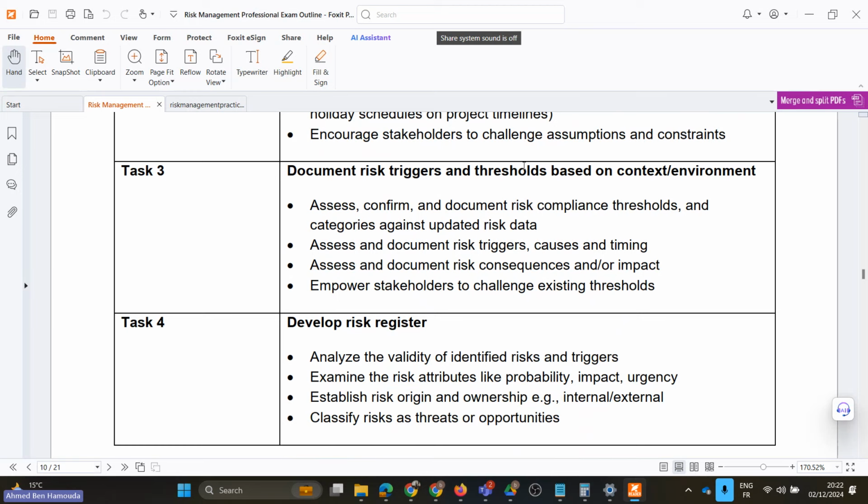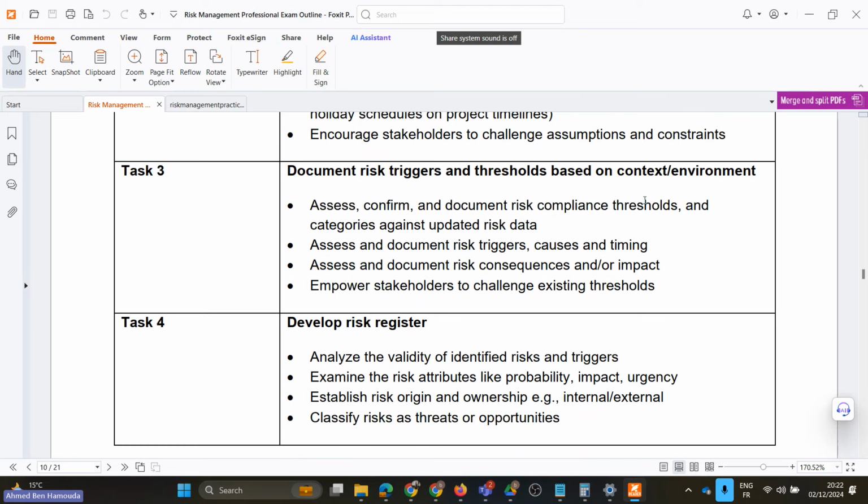Now, we mentioned earlier triggers and we mentioned earlier thresholds. So here, how compliant are we in our risk management plan with thresholds? Because oftentimes it happens that a risk was identified, it was qualitatively assessed, we have determined the probability and the impact and the score, and we have seen that the score actually exceeds the threshold, and yet we haven't put in place any action plan, any mitigation plan.